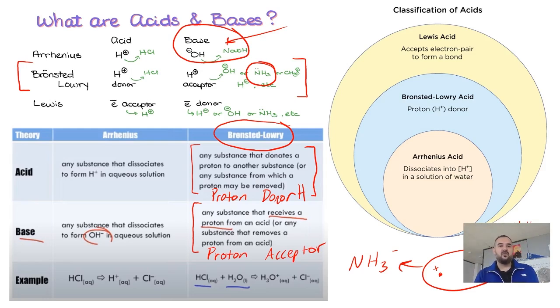For Arrhenius, you have to have an H plus over here, and then you have to have an OH minus over here. So that's the difference. Lewis acids, you don't have to worry about Lewis acids. But if you can see here, all Arrhenius acids are Bronsted-Lowry acids.